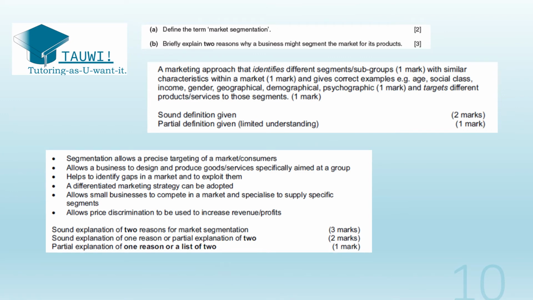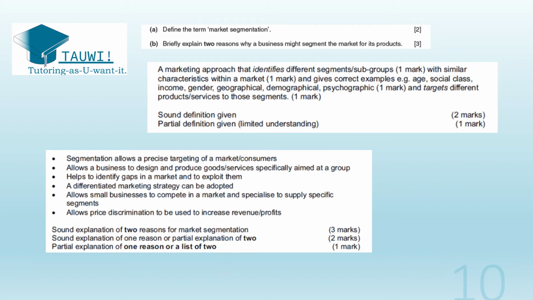Again, define the term market segmentation for 2 marks. Again, remember your definition, but if you are uncertain that your definition is not good enough, add an example. You want to convince the examiner that you know what it means. Briefly explain 2 reasons why a business might segment the market for its product. Then again, only 2 reasons, but then explain them properly. Your segmentation allows a precise targeting of your market.